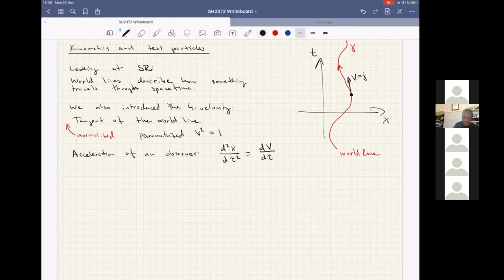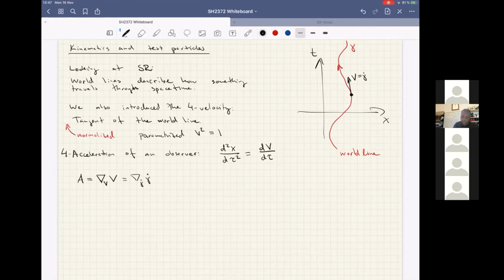We're going to define the 4 acceleration, A, as the directional derivative in the direction of the 4 velocity of the 4 velocity itself, or equivalently, the derivative in the direction of the world line tangent vector.